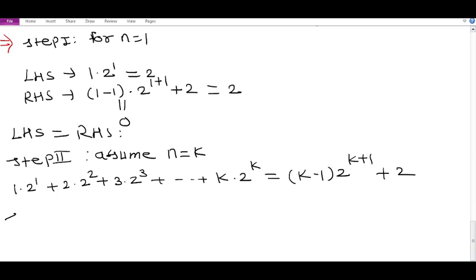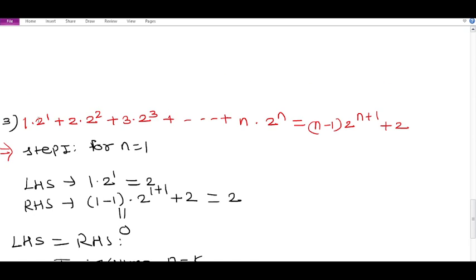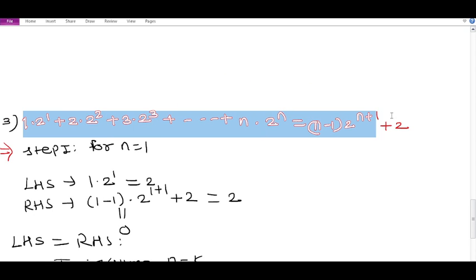Now we want, in step number 3, to show that the result is true for n is equal to k plus 1. Now this is the inductive step. It is very important: for n equal to k plus 1, that is, in this equation put n equal to k plus 1.